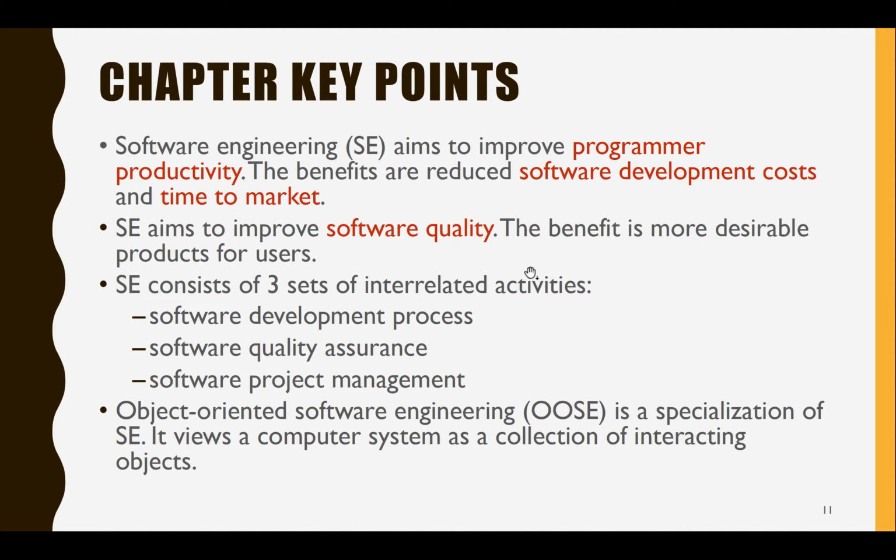So the key points of the chapter are this. The objective, the aim of software engineering, is to improve programmers' productivity so that we can lower the software development costs and also lower the time to bring a product to the market.